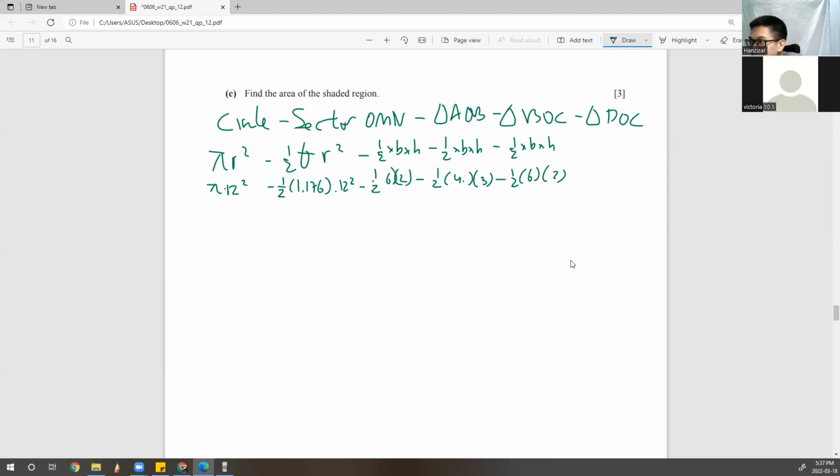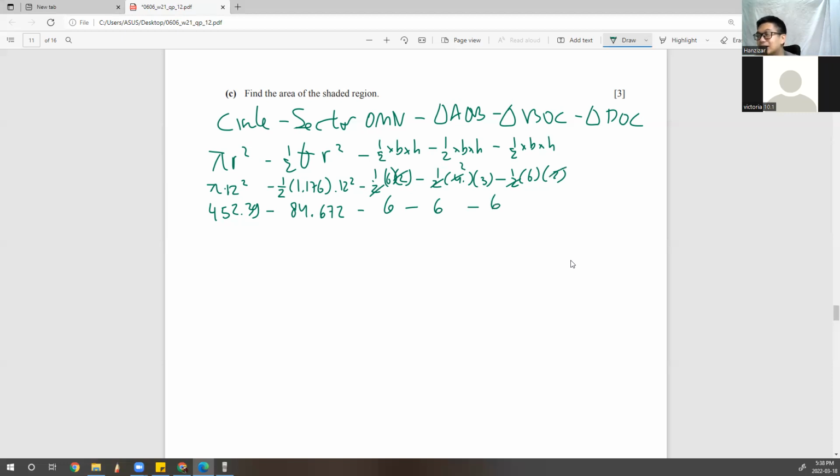So pi r square, pi times 12 square, I just use the decimals. There is no question in terms of pi. So the answer will be 452.39, subtract 0.5 times 1.176 times 12 square, which equals 84.672, minus, okay, it's a piece of cake, 6, 6 also.